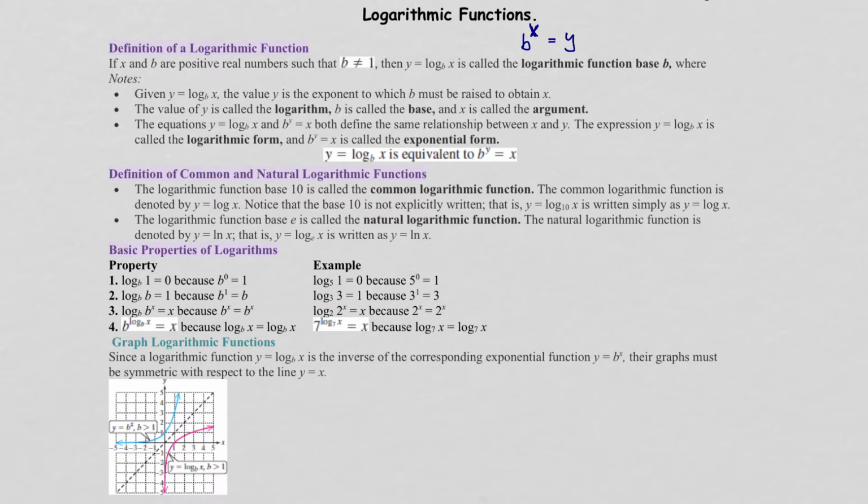This is unknown, right? If you want to, you can convert this into the logarithmic function, which will be log base b of y equals x.